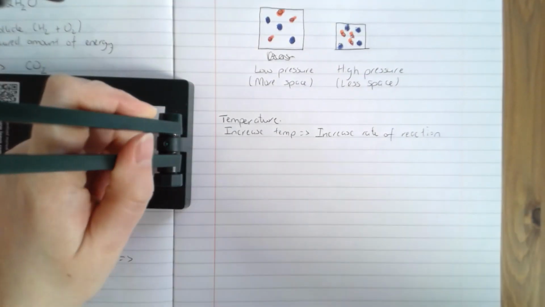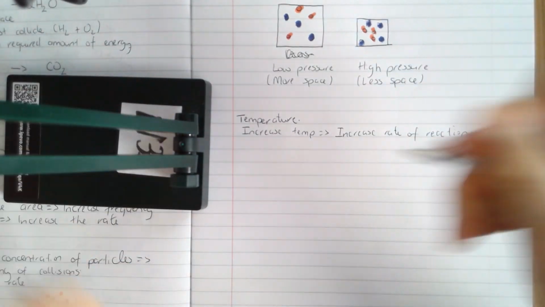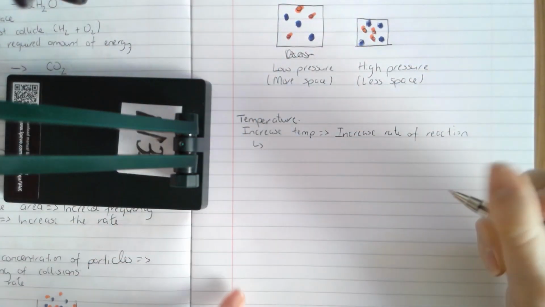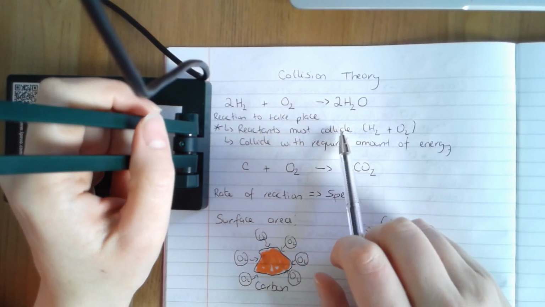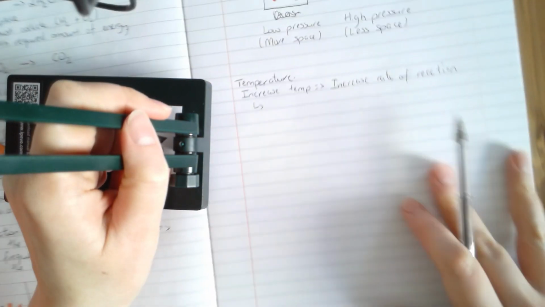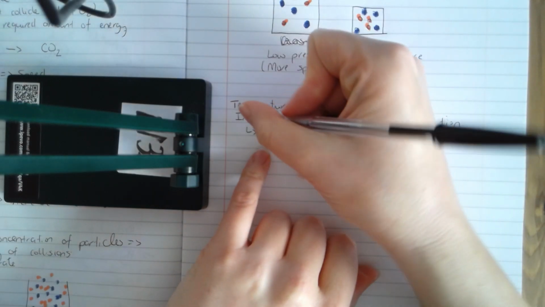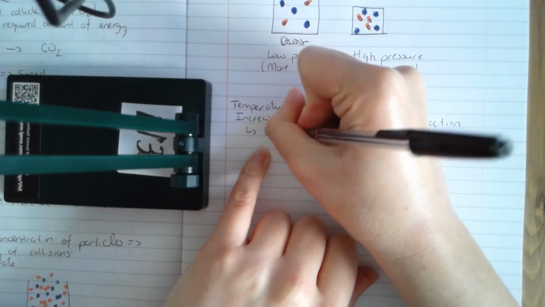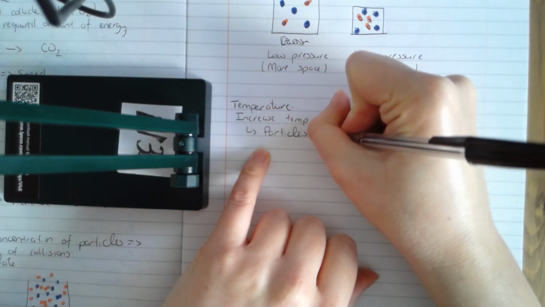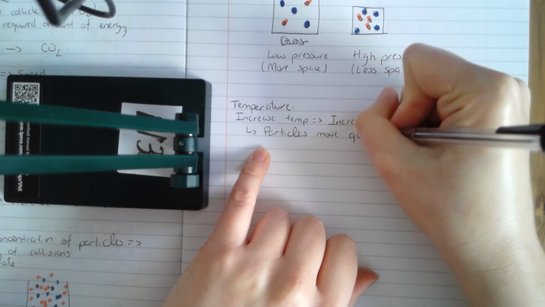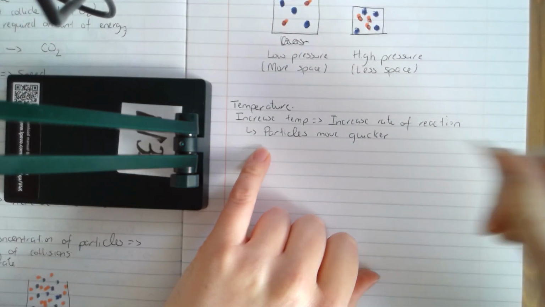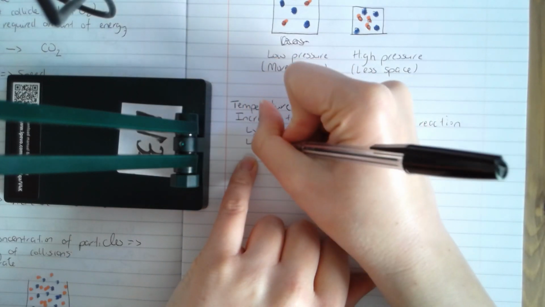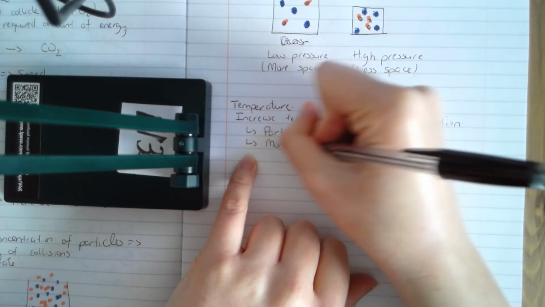But today we need to look specifically at why that is the case. So one reason relates to what we've already been talking about. If the reactants collide more frequently, the rate will be faster. If you increase the temperature, the particles move more, so they move quicker. And if they're moving more quickly, they are more likely to collide, so you're going to get more frequent collisions.